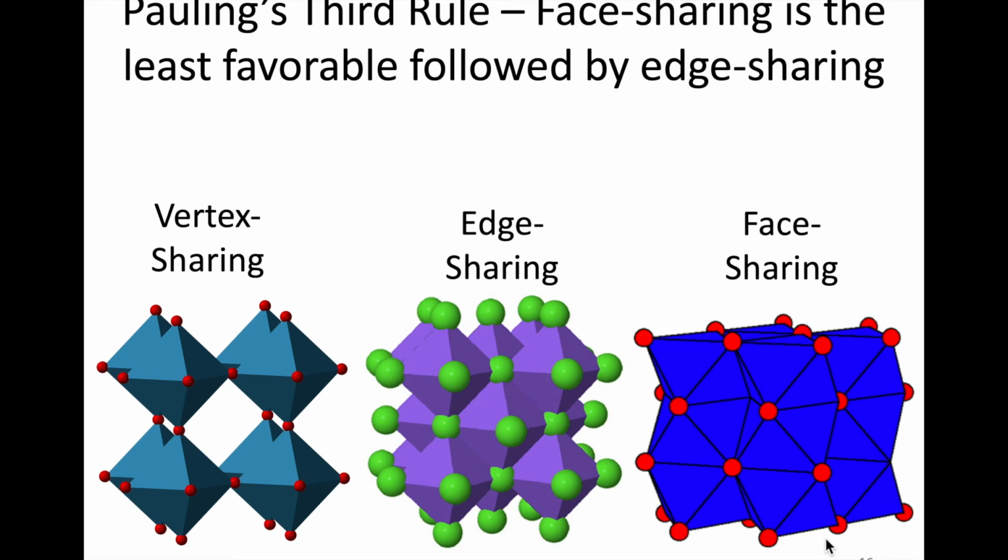All right, so we've looked at the first 2 rules, so let's look at the third now. And this one has to do with the polyhedra that are formed in the structure. If we look at each one of these, in the center of these shapes is a cation, or it can be an anion. It doesn't matter in some of these cases.